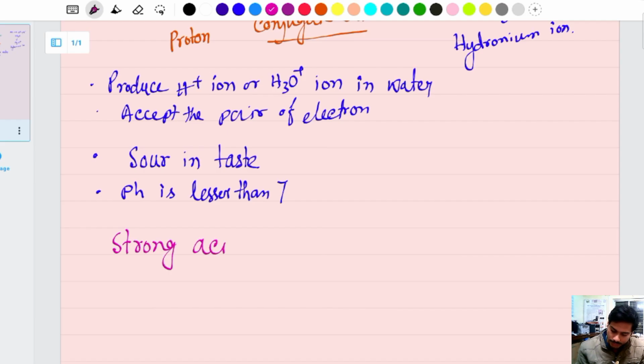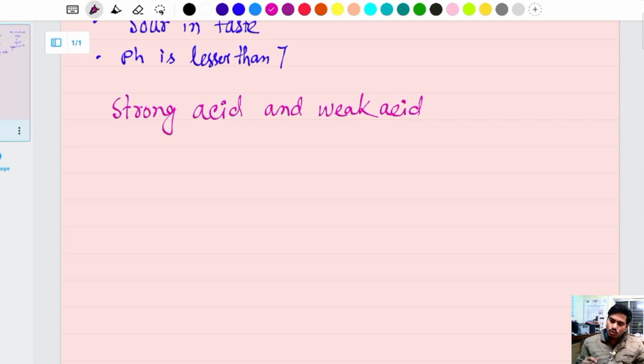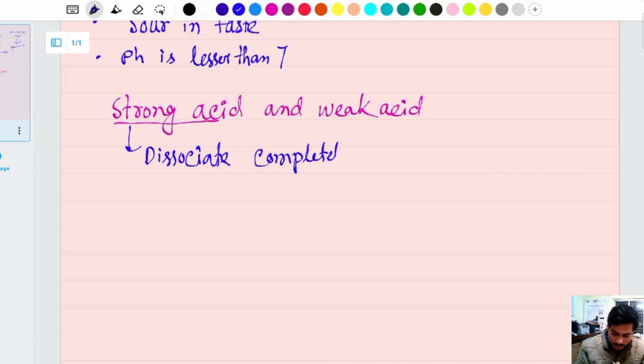In a strong acid, it dissociates completely, like 100% into ions.